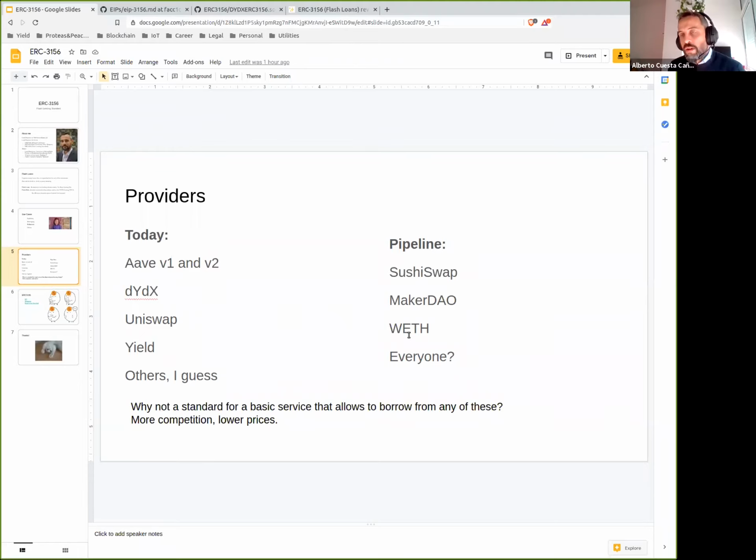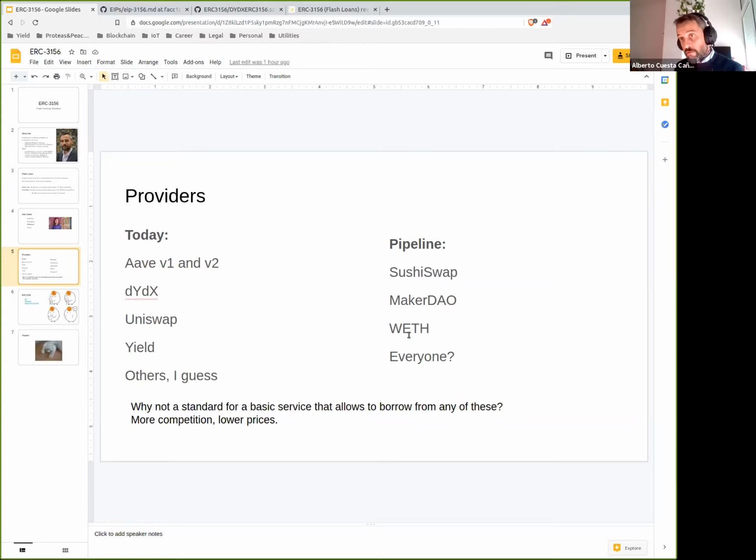One problem right now is that if you want to take a flash loan, you need to know how to do it for each specific provider, and some of them are quite complicated. The situation until now has been that Aave was very, very easy to use, but it charged 0.09%, which is not much, but it's something.